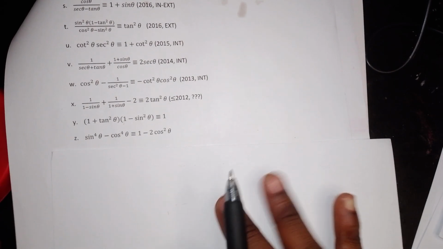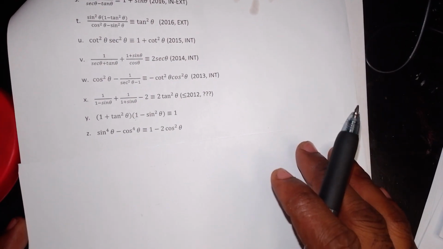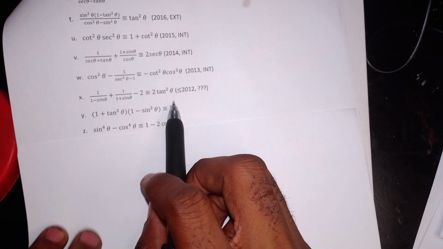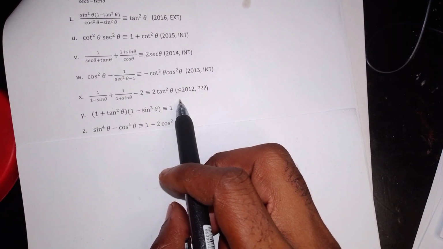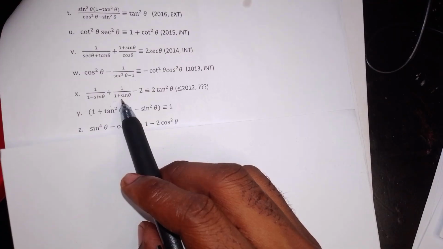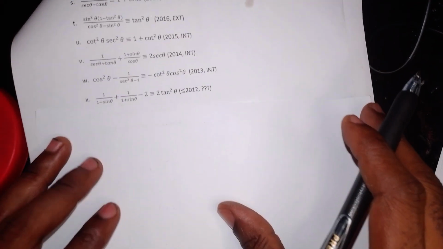And then now we have 2012. I'm not even sure if it's 2012. This is why I said either 2012 or earlier. I think we proved this. Let me just check. No, we haven't.